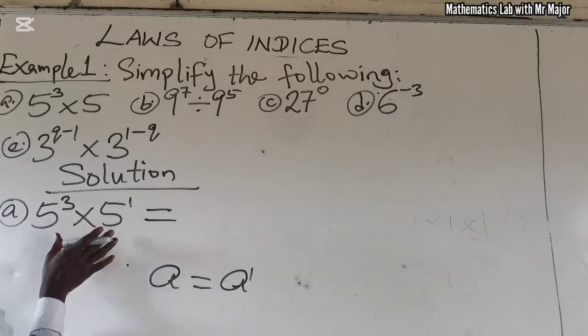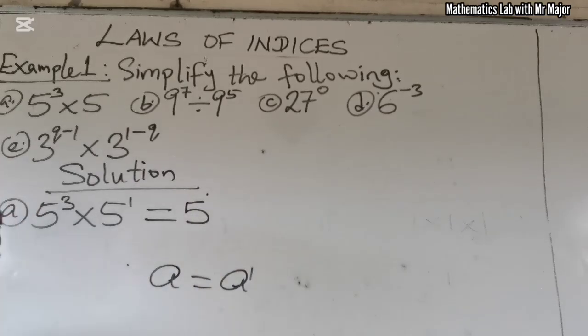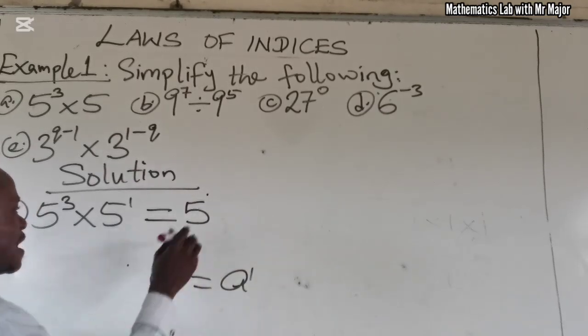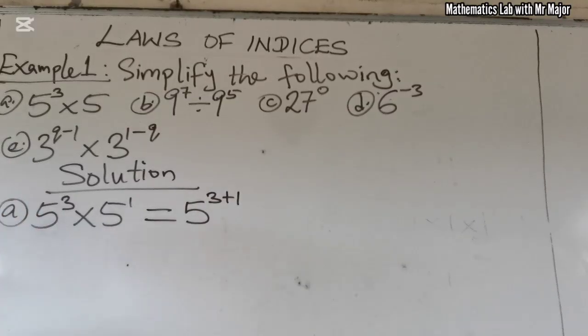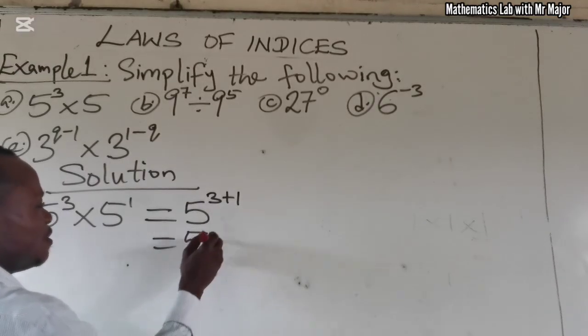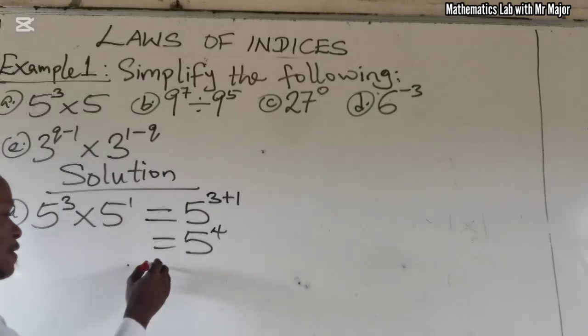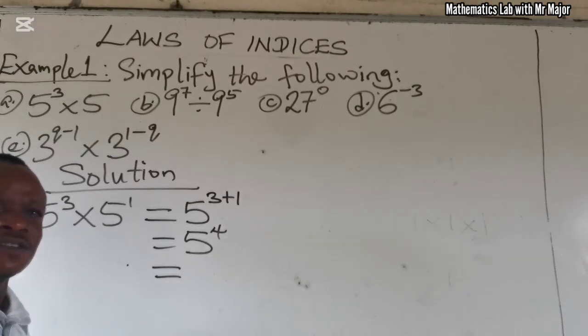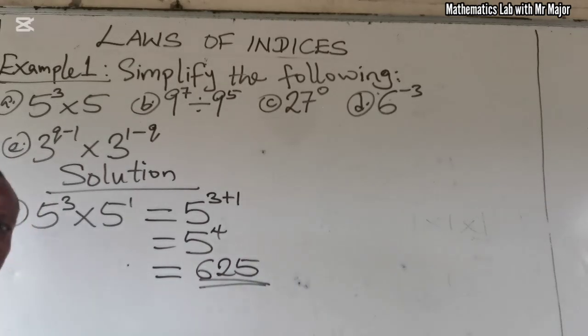So if we now apply the multiplication law, that becomes 5 raised to power, we now add the powers together according to the product law, 5 raised to power 3 plus 1. And 3 plus 1 should give us 4. That means we are having 5 raised to power 4. And of course, if you find the value of 5 raised to power 4, it's going to give you 625. That means 5 times 5 times 5 times 5, which is 625. That is the answer.